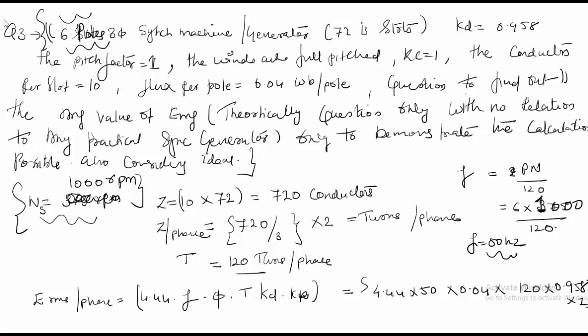So this will give me 4.44 into 50 into 0.04 into 120 into 0.958 into 1, which is equal to 1020.8 volts. This is my ERMS for this synchronous generator.